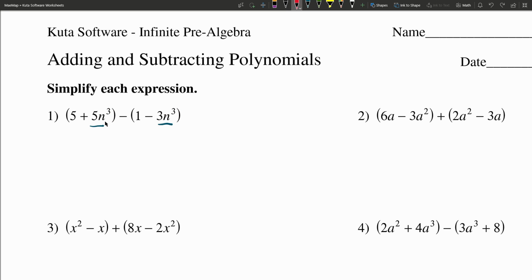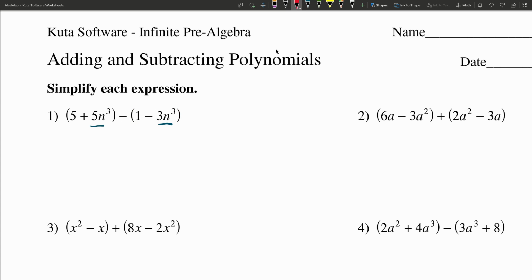If we have a positive 5n cubed, we need to subtract a 3n cubed that's already subtracted. So subtracting this entire quantity, we can think of it as distributing a -1 into each of those terms.